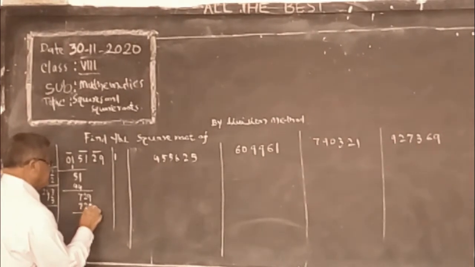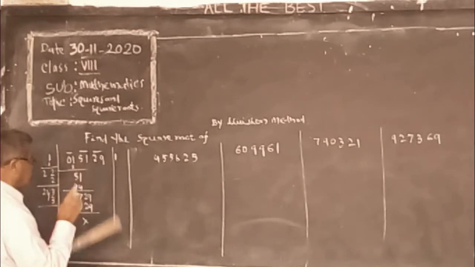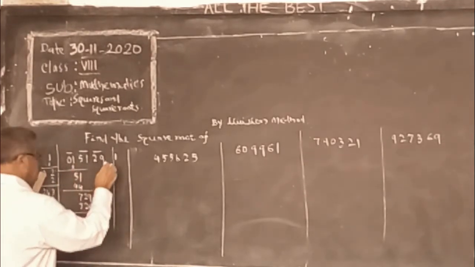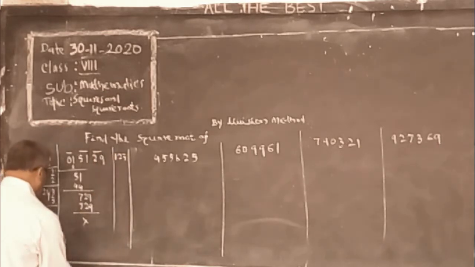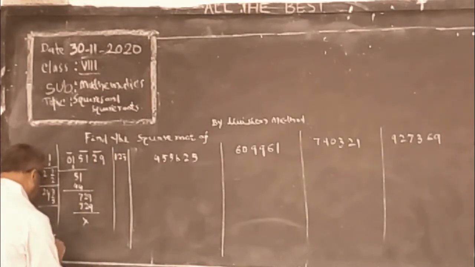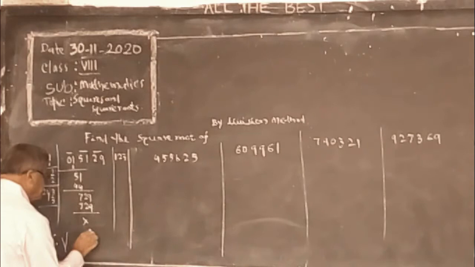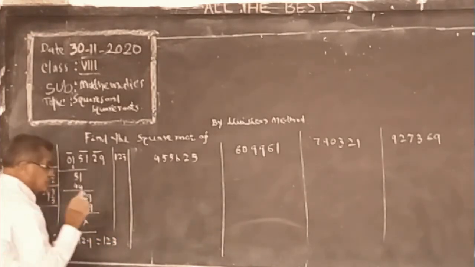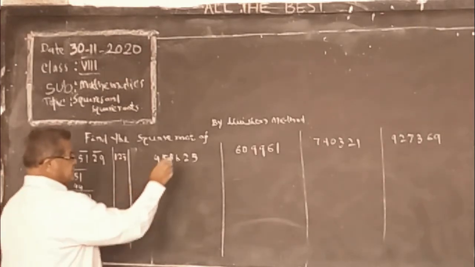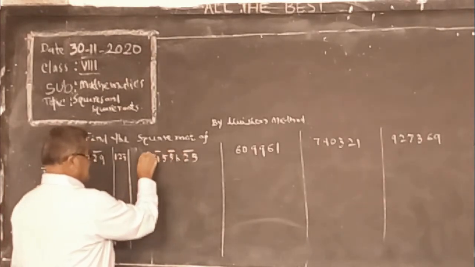Remainder is 0. So the square root for the first pair is 1, second pair 2, third pair 3. Therefore, the square root of 15129 is 123. Now practice this 6 digit number.